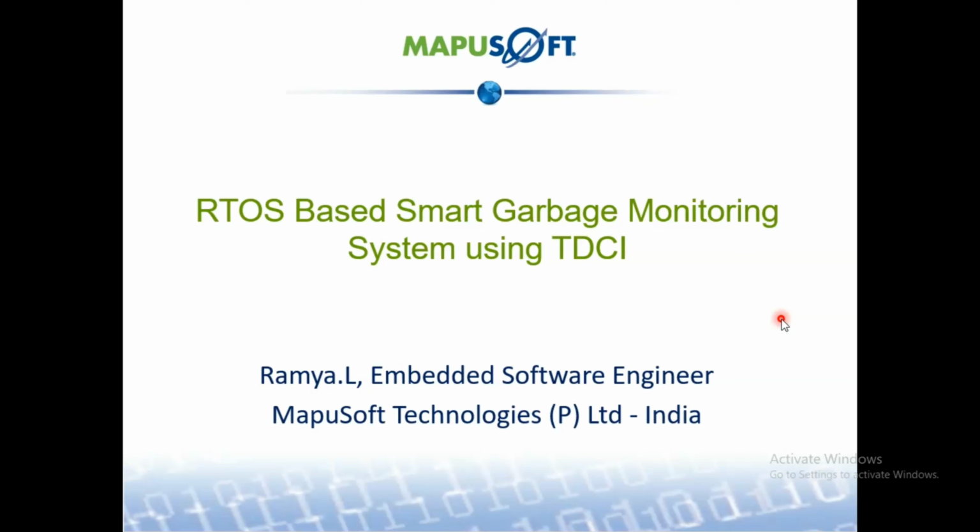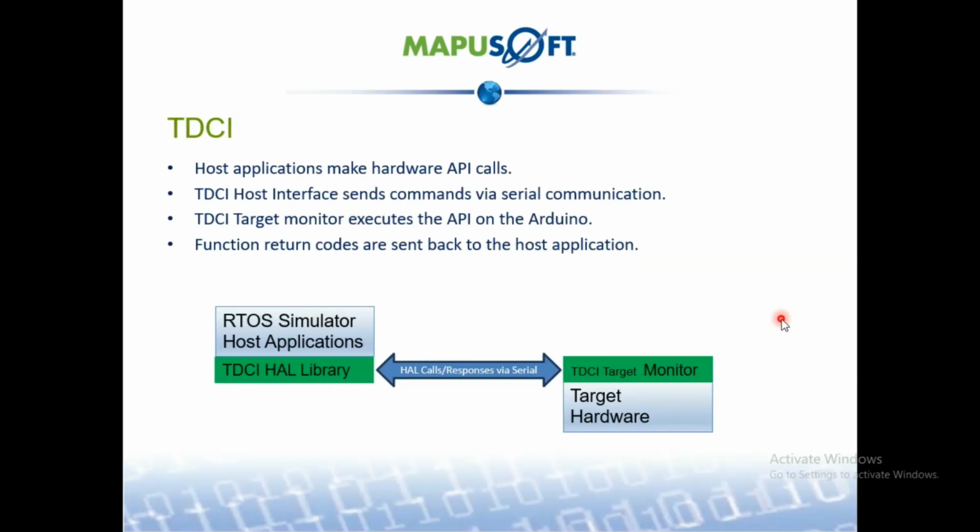Using TDCA, we link a simulated environment to the real hardware, enabling real-time monitoring and efficient waste management. The system alerts waste management personnel when the bins are actually full, ensuring a timely collection and reducing the overflow of garbage.